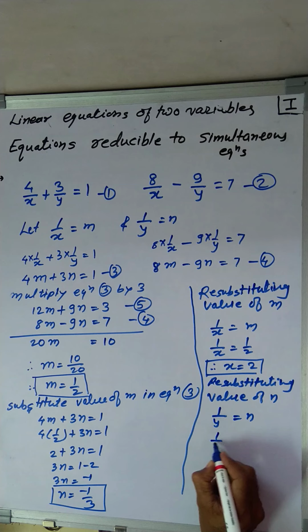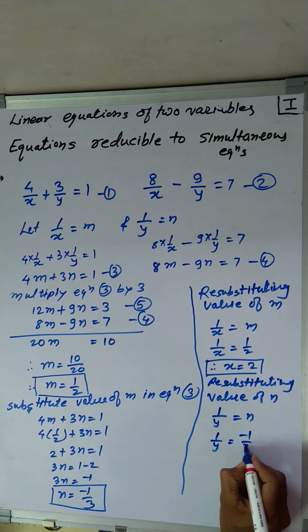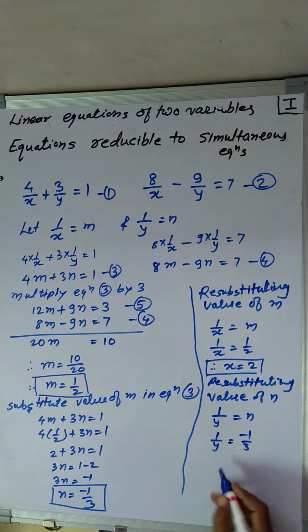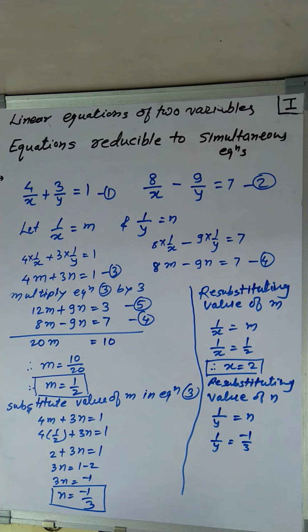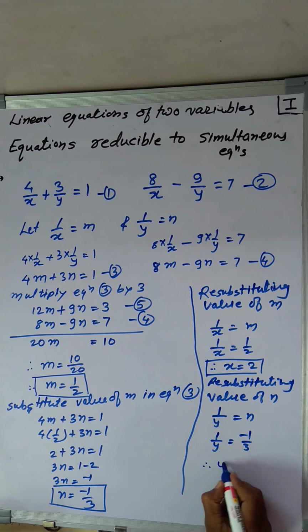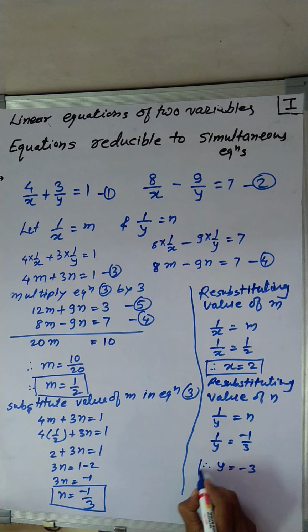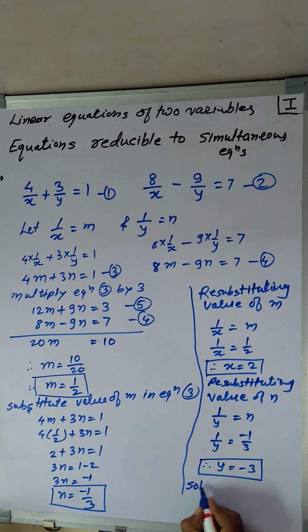Hence 1 upon y is equal to minus 1 upon 3. Therefore, we get y is equal to minus 3. Hence, our final solution is x is equal to 2 and y is equal to minus 3.